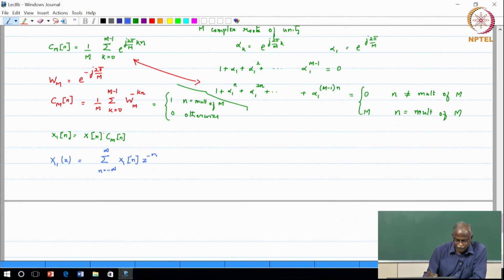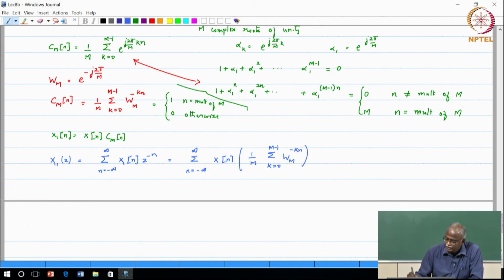For x1 of n, I substitute the other expression. So this is summation n equal to minus infinity to infinity x of n, and I have to multiply by the comb sequence. The comb sequence is 1 over m, summation k equal to 0 through m minus 1, Wm to the power minus kn, times z power minus n. Okay, this is nothing but the comb sequence Cm of n.